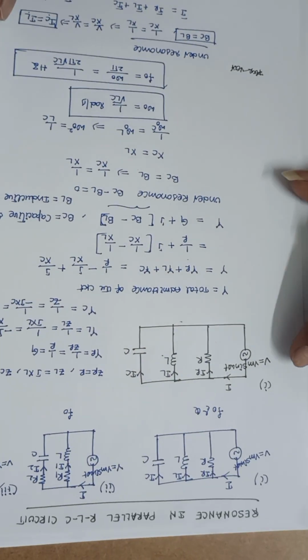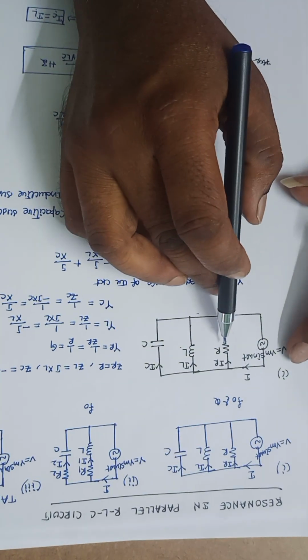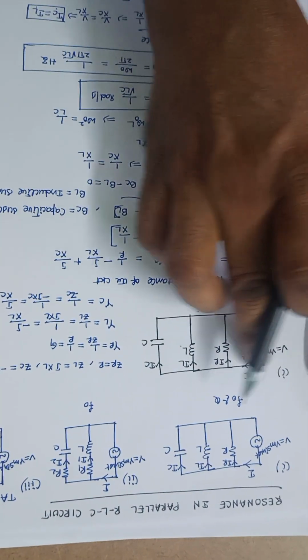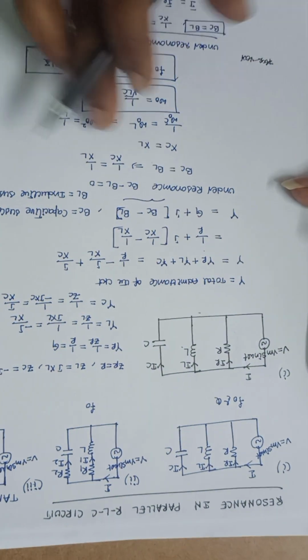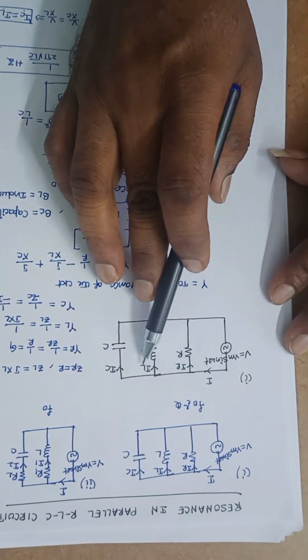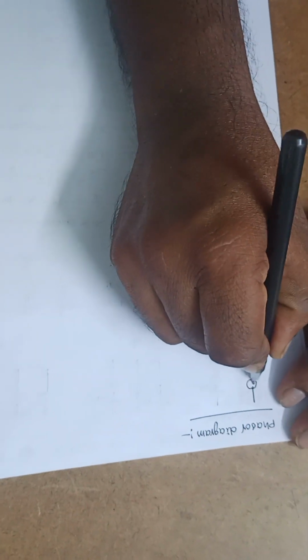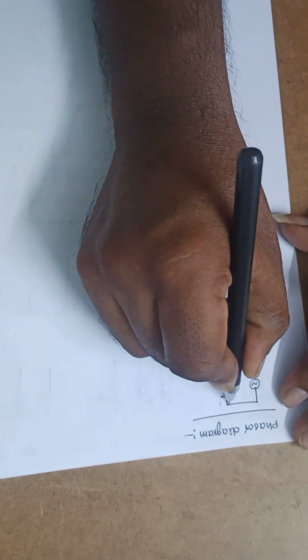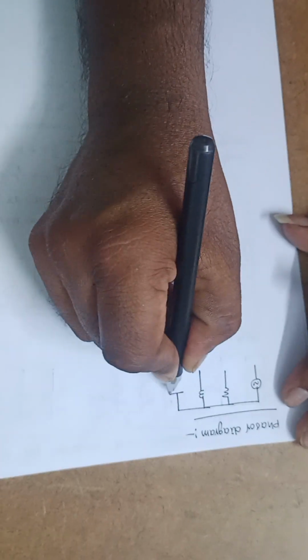In this phasor diagram, I can represent this IR, IL, IC along with this I and this V. So this is the supply voltage, resistance, inductance, and this is capacitance.